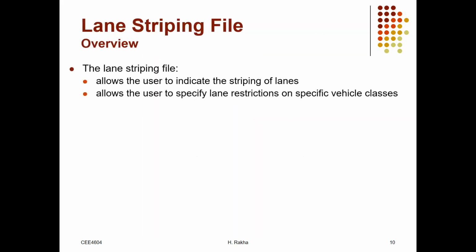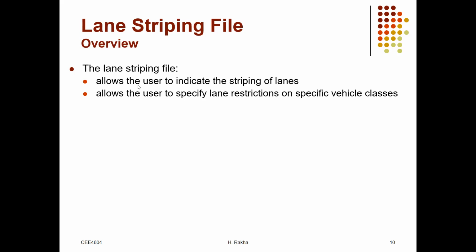Another thing that will be important when you're doing your project is the lane striping file. And the lane striping basically indicates to the integration software if there are any striping constraints. For example, you might have a lane that is striped as left turn only.